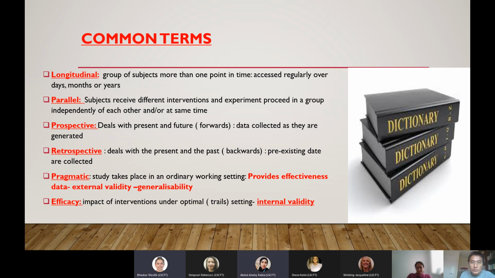Internal validity. So efficacy, internal validity; effectiveness, external validity. The way I remember is, effectiveness is a long word, so always external. If it is long, it's always outside, external. Efficacy is a short word, so it's always inside, internal validity.